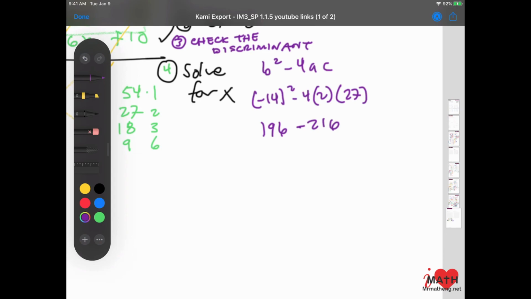And if you subtract those two numbers, you're going to get negative 20. Okay, what does that mean for us if it's a negative number? It basically means that the discriminant is less than 0. And when this is less than 0, this means you're going to have 0 real solutions.